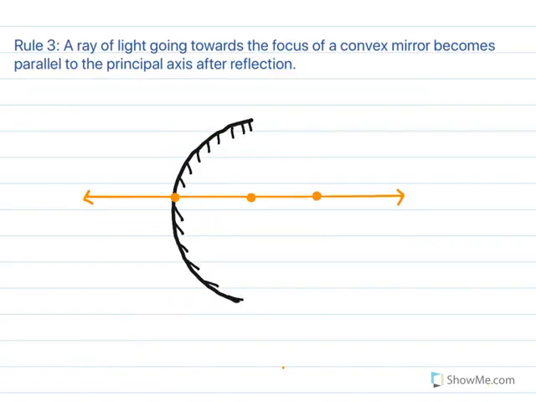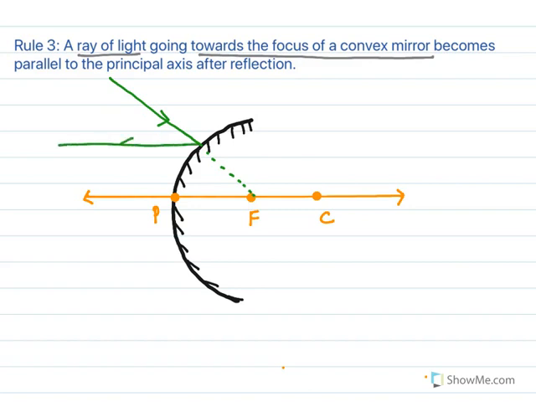Now for rule 3, again this is pole, focus, center of curvature. Here we are talking about a ray of light going towards the focus of a convex mirror. So here is a ray of light that is moving towards the focus. After reflection, it will go parallel to the principal axis.